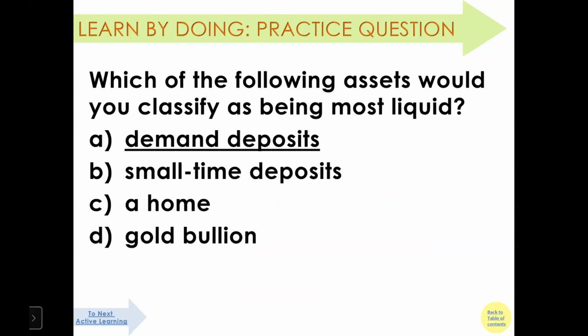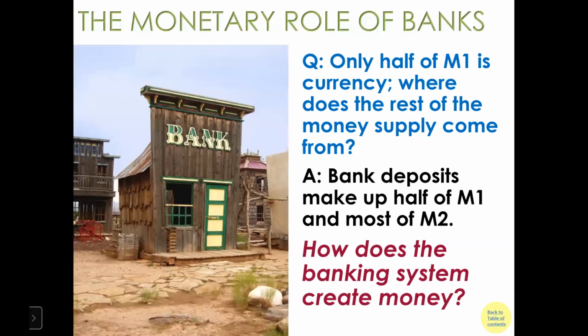Now we have a look at these practice questions. The last thing we discussed in the last class was how the bank generates money. From this money generating process, we can also see some risks or potential problems in our banking system or financial system.